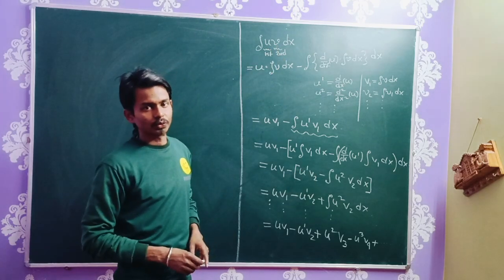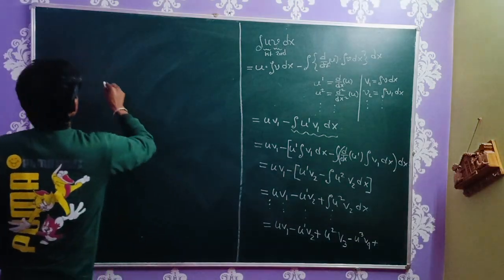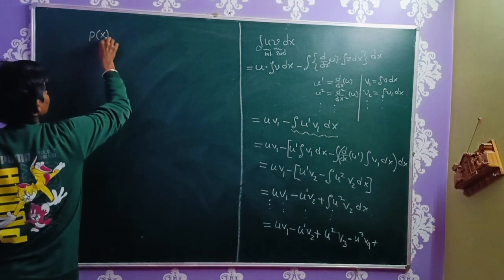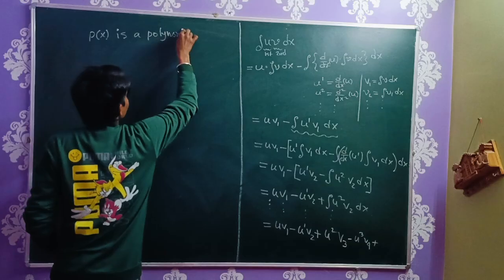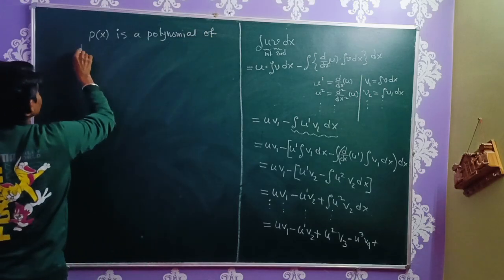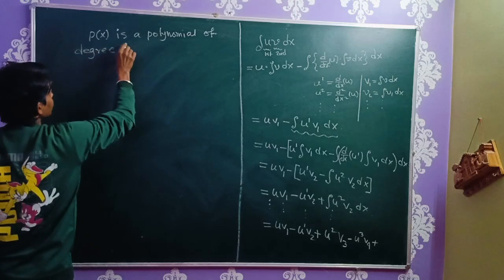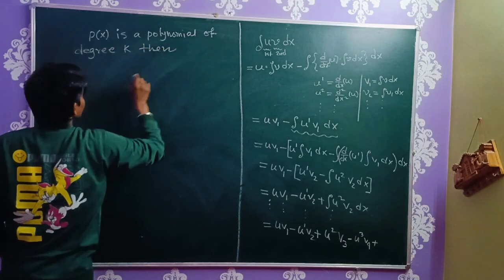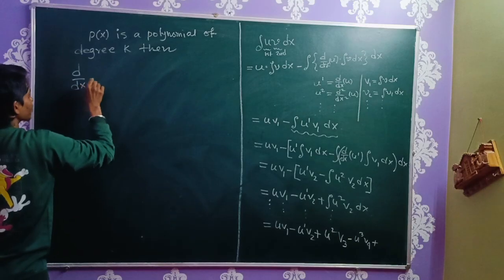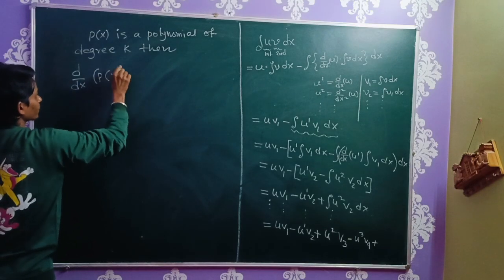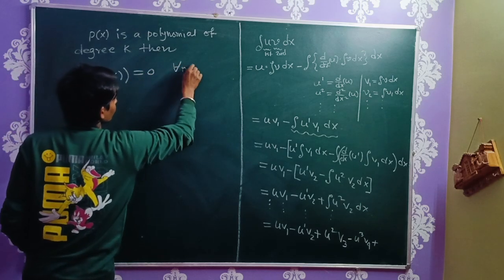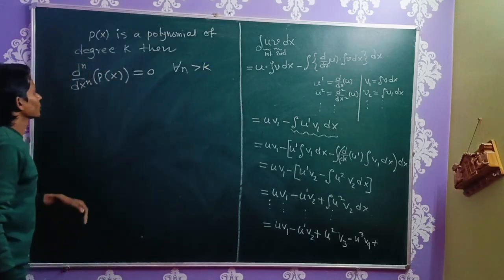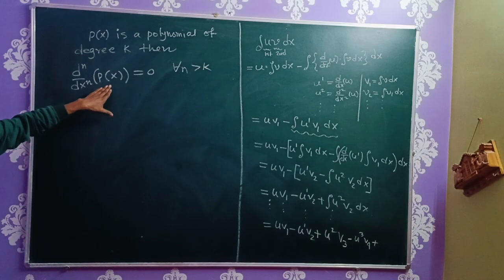Now note that if p(x) is a polynomial of degree, let's say, k, then the n-th derivative of this polynomial with respect to x should become 0 for all n greater than k. So if you take the derivative of a polynomial more than its degree, then you get 0.